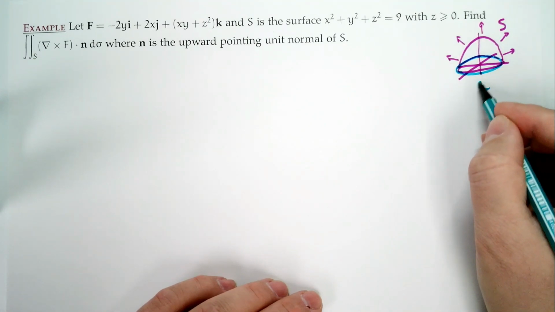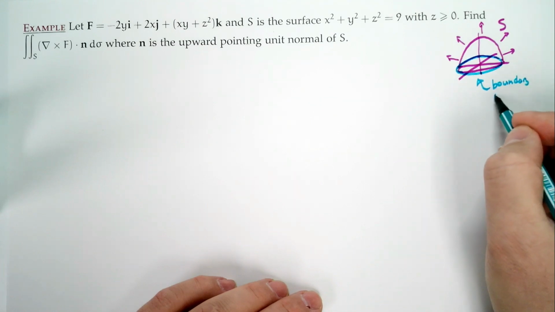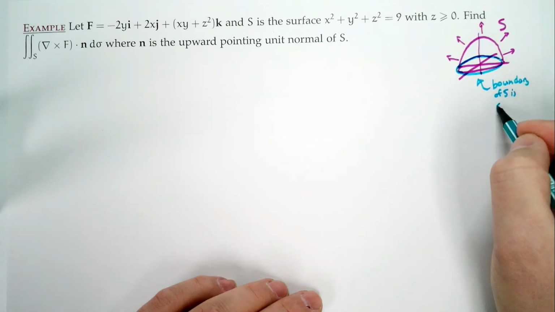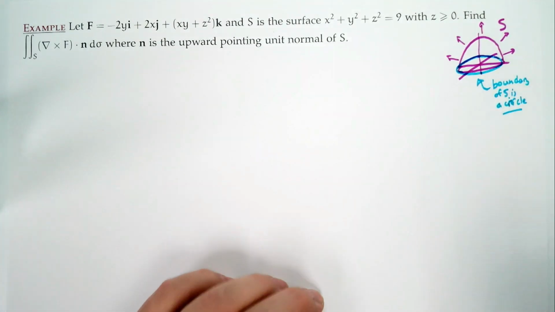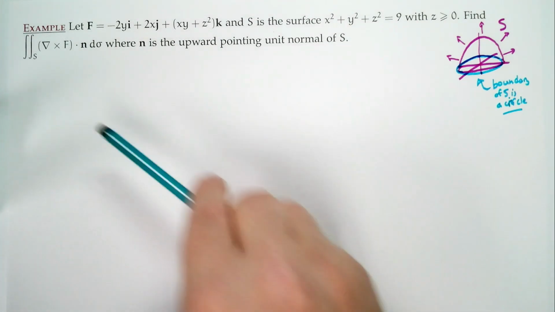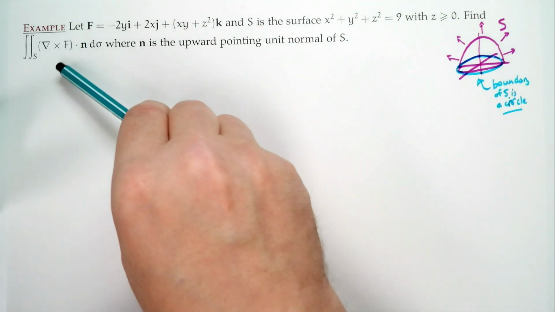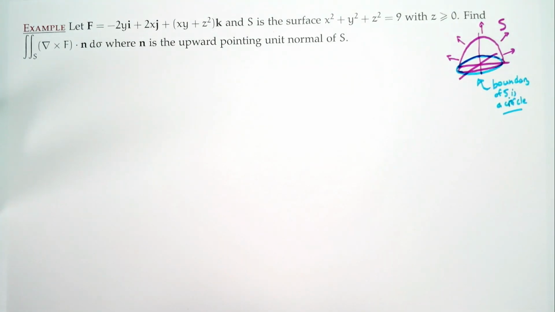So the boundary of S is a circle. That might be helpful. Okay. All right, now what can we do? Well, it says find the integral of del cross f dot n d sigma. Again, remember d sigma is just another way of saying dS.